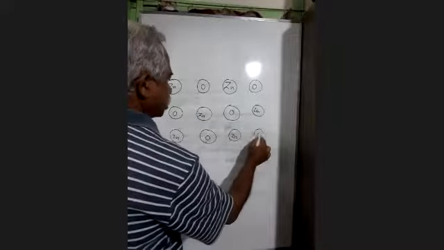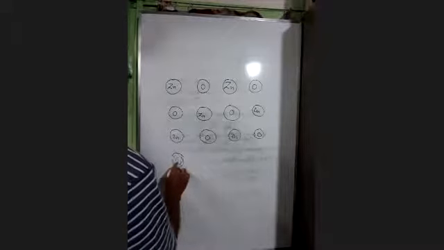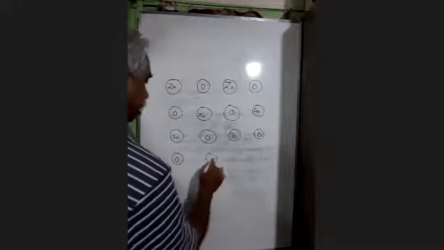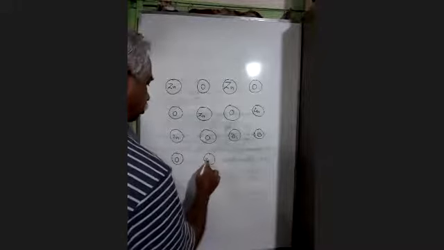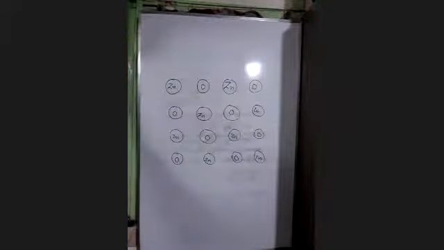And what is the charge on oxide? 2. The charge on oxide is not 2, it is -2.